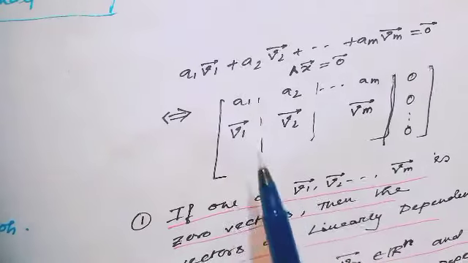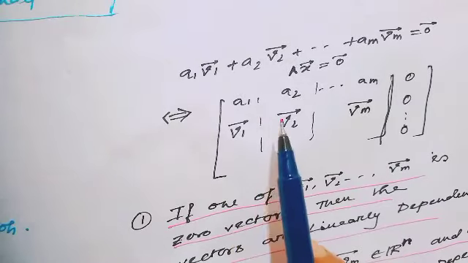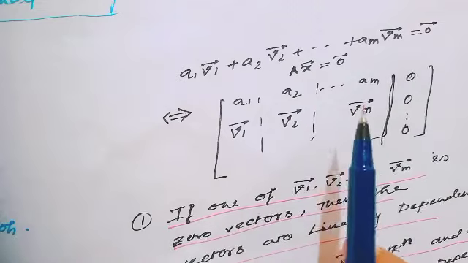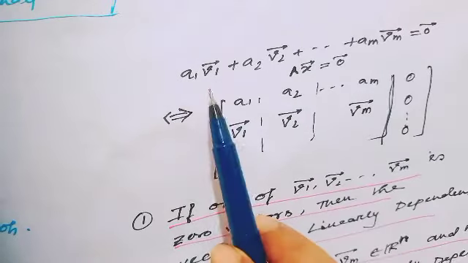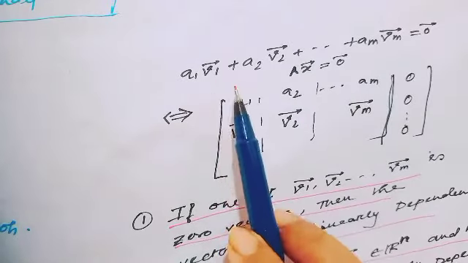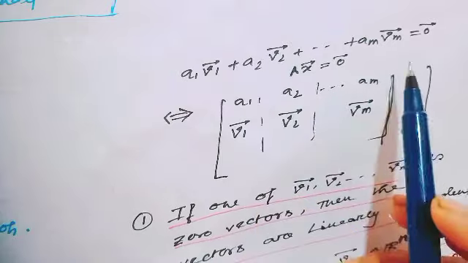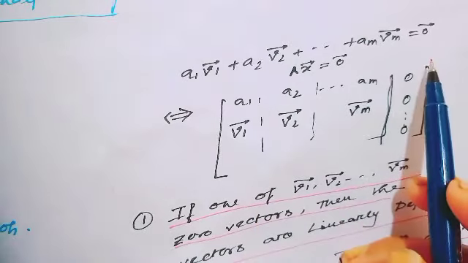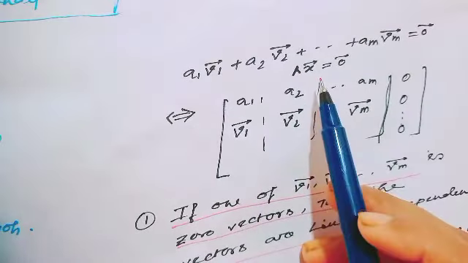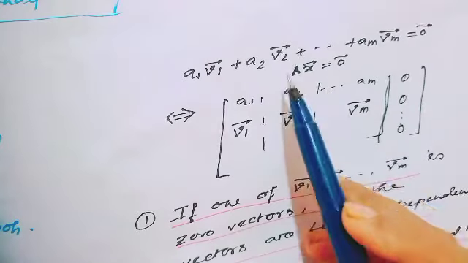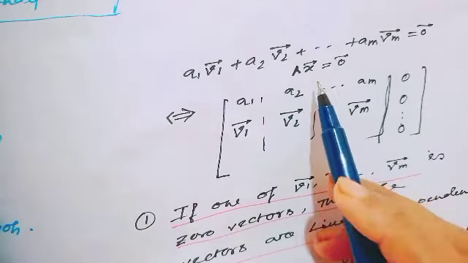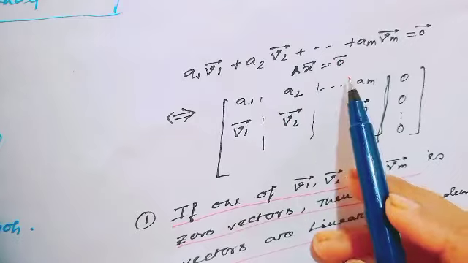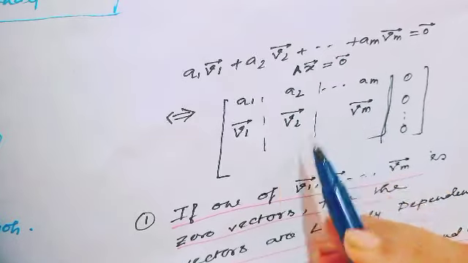Now let's see how we will find linear dependence and independence of vectors. The equation a1 v1 plus a2 v2 plus up to am vm equal to 0 is just like the homogeneous equation Ax equal to 0.